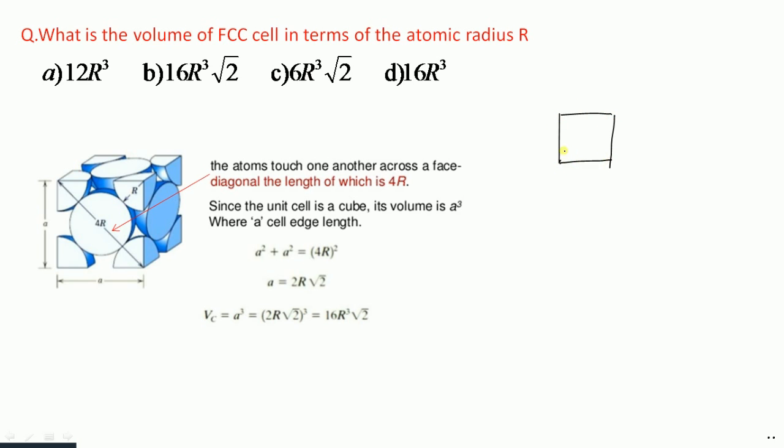We have an FCC cell in which we have to calculate the volume of atoms, that means how many atoms an FCC cell can be filled with. Let's write the edges as a. We know volume is equal to length into breadth into height.